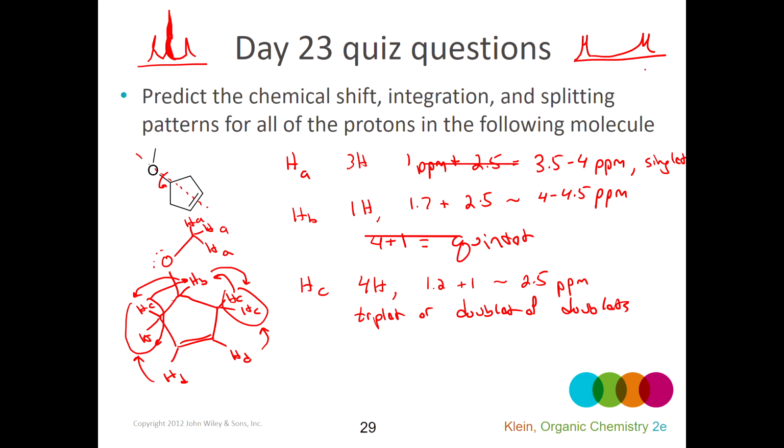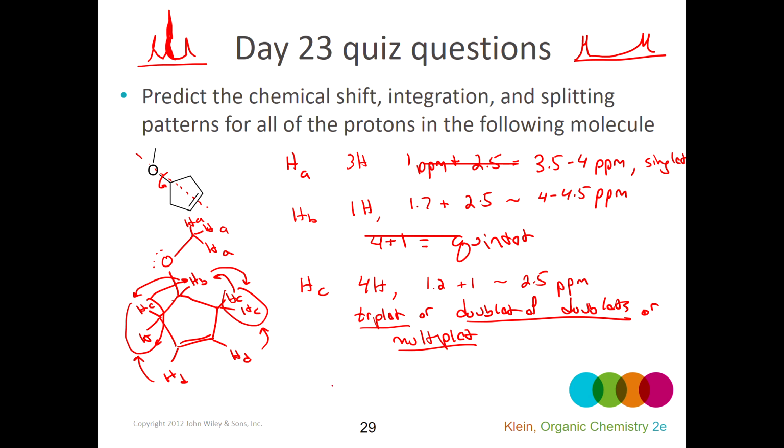Or if they did start to overlap but didn't overlap symmetrically, I might see something that wasn't quite a symmetrically shaped signal, which I would label as a multiplet. So I can't say for sure which of those three I will end up with unless I know the coupling constants or actually do the experiment.